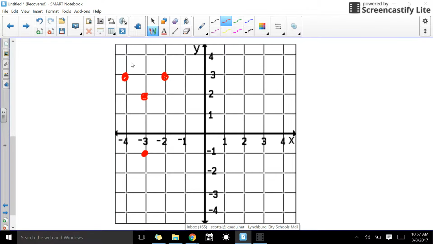Okay, so look at this. I want you to tell me, is this a function? No, because I have two x values here and here. Okay?